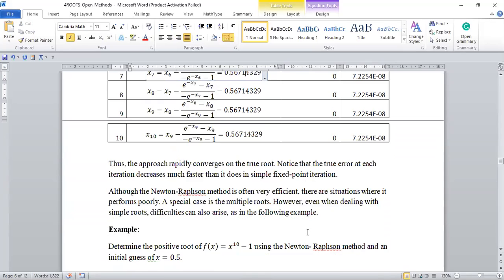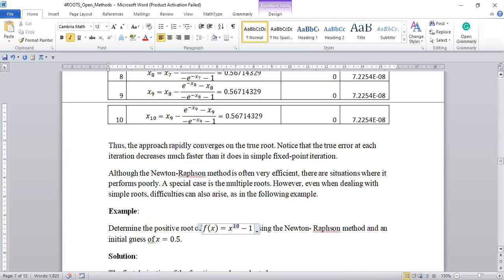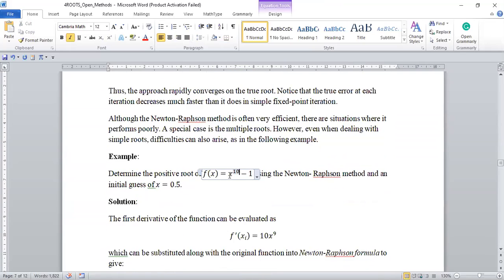But there are some instances when the Newton-Raphson method may not work well. So we are going to emphasize that in the next example. We have this function here, x raised to the power 10 minus 1. We are given this initial guess, and we are asked to find the root using the Newton-Raphson method.